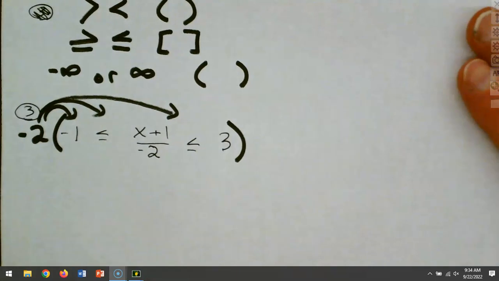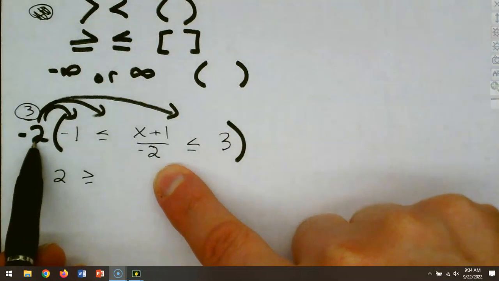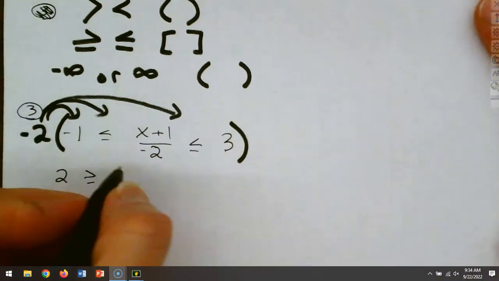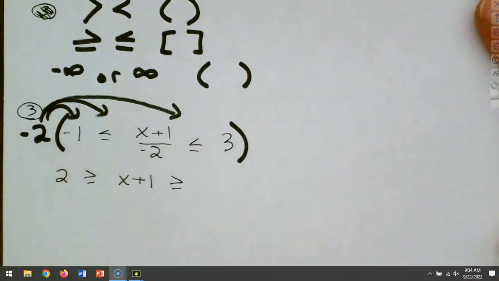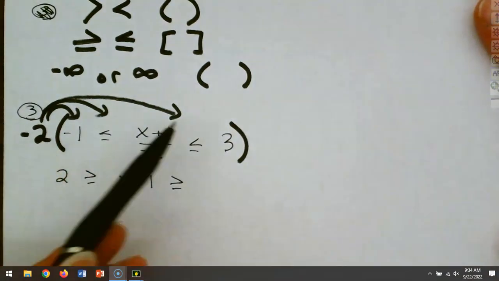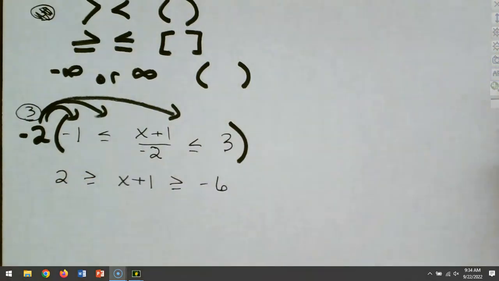So let's see what we've got. Negative 2 times negative 1 is a positive 2. Flip your inequality symbol. Here, those 2's directly cancel, so in the middle we're left with x plus 1. Flip your inequality symbol. And negative 2 times 3 makes it a negative 6.